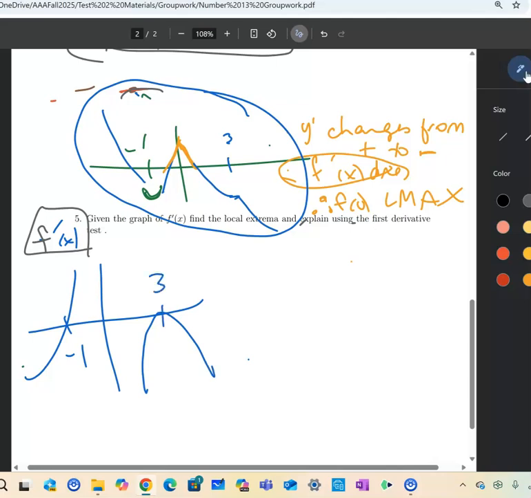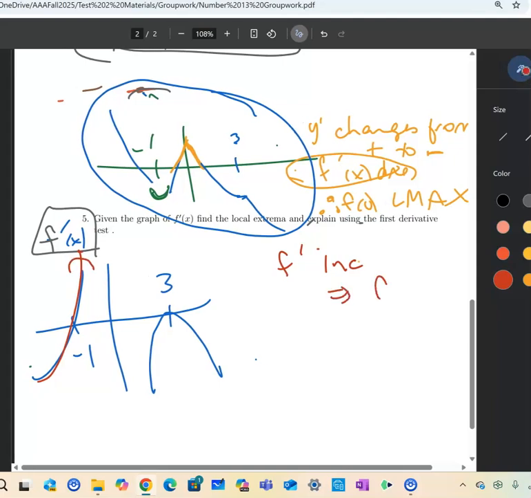Okay, so when the f prime is increasing, which means it's going up, right? F prime is increasing. That means f double prime is bigger than 0, right? It's positive. And so that means that f is concave up.